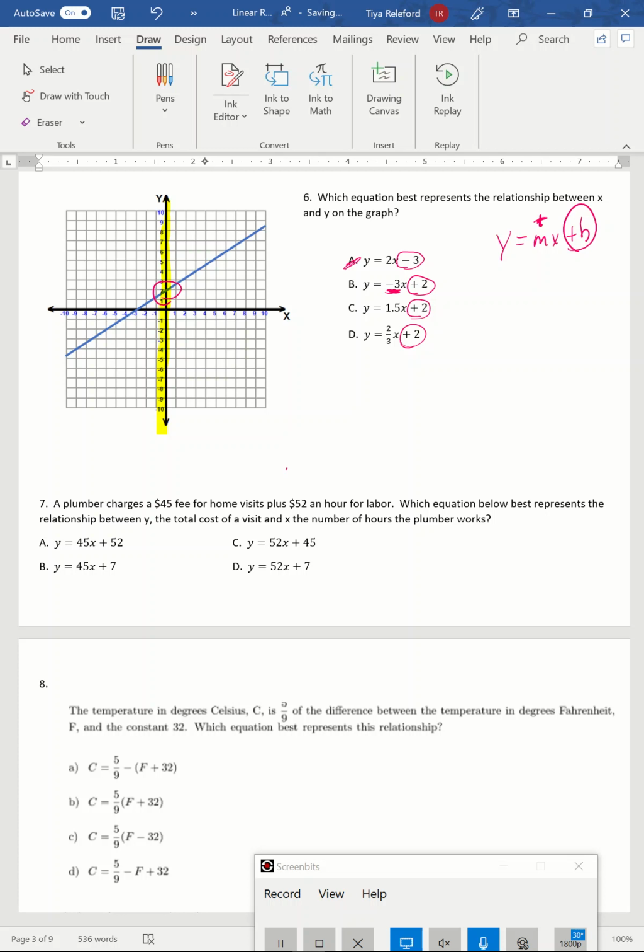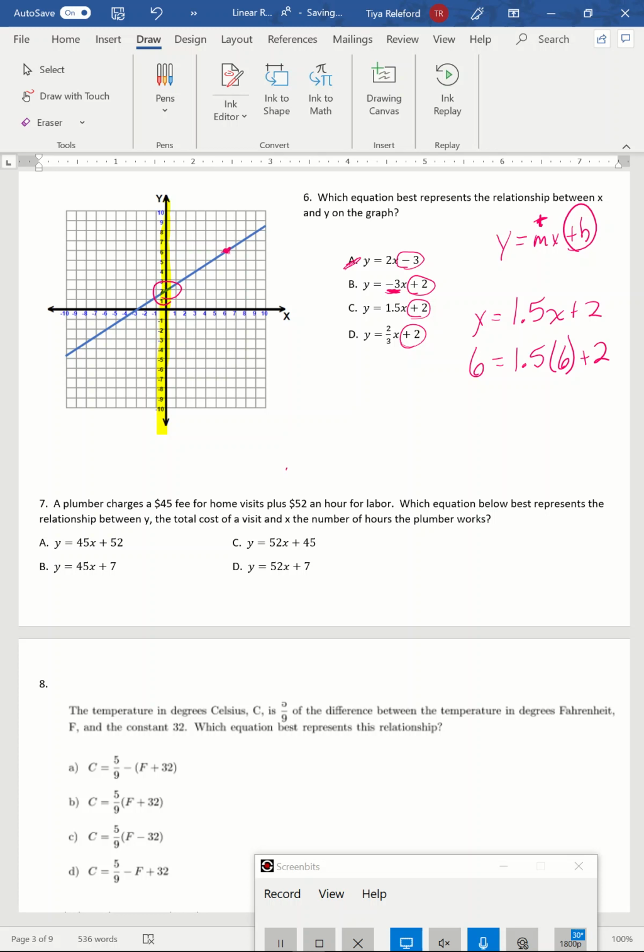And if you pick, I would suggest picking 6 and 6. So if y is 6, then x is 6.